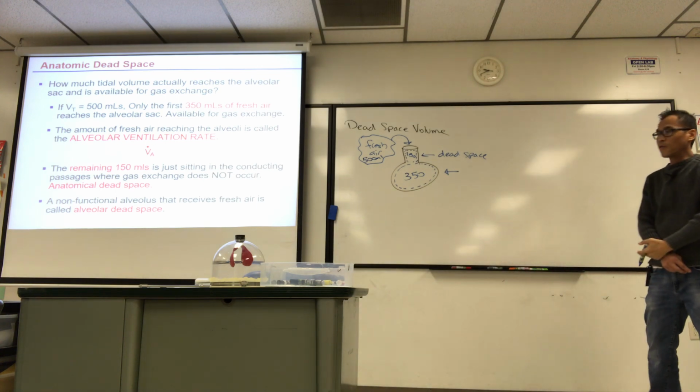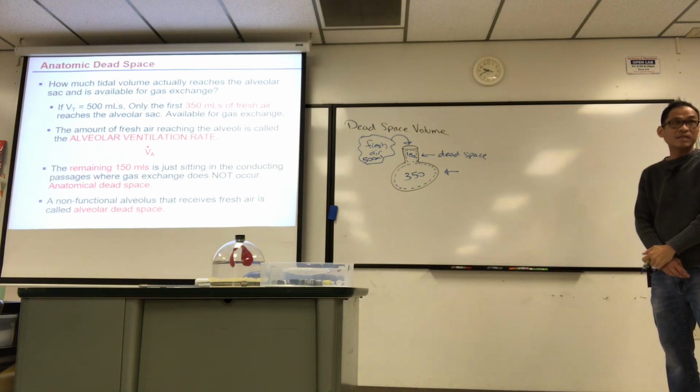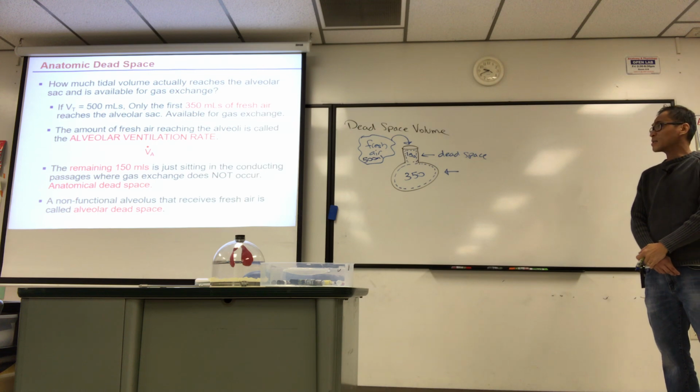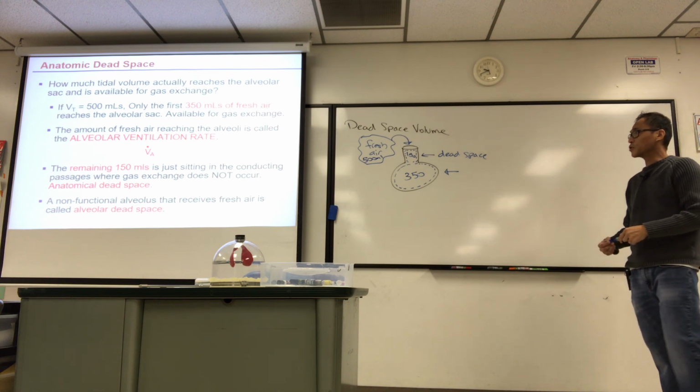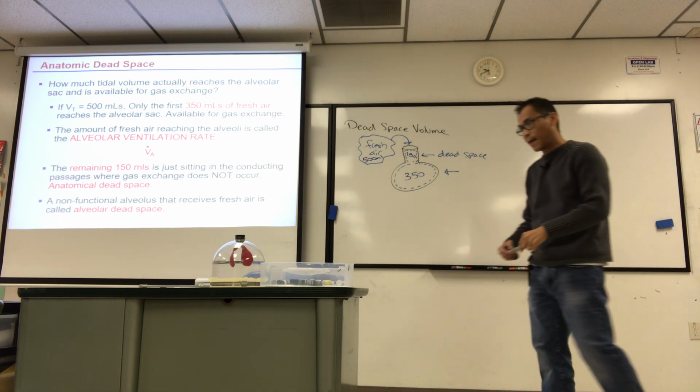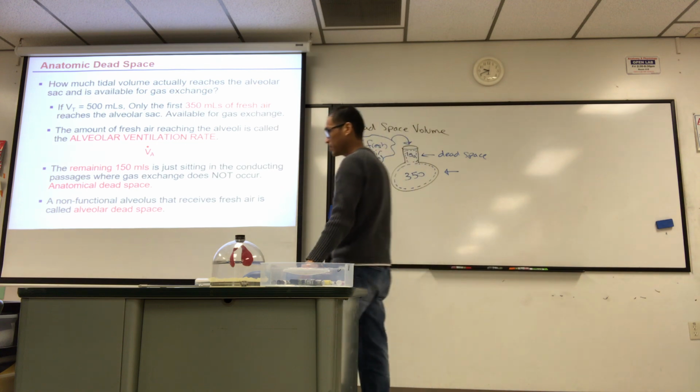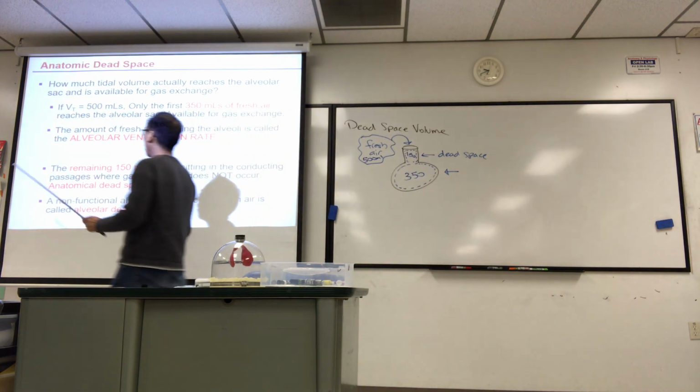And it's more detailed than that, but just as a rough estimate. The point I'm trying to make is not all fresh air reaches the alveolar space. You can measure how much you're breathing through your mouth. We're going to do that in lab. But not all of that space is occupied by all the air you breathe in.